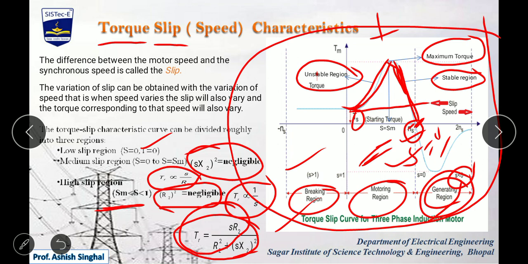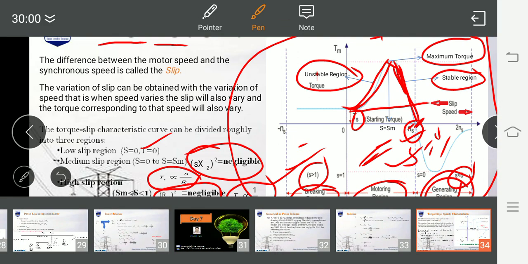Now come to the braking region. It's very simple. In the braking region, my slip is greater than 1. It is neither positive nor negative. So I can say S is greater than 1. In this region, the value of slip is greater than 1 and the rotor rotates in the opposite direction of the rotating magnetic field. Dear friends, focus.